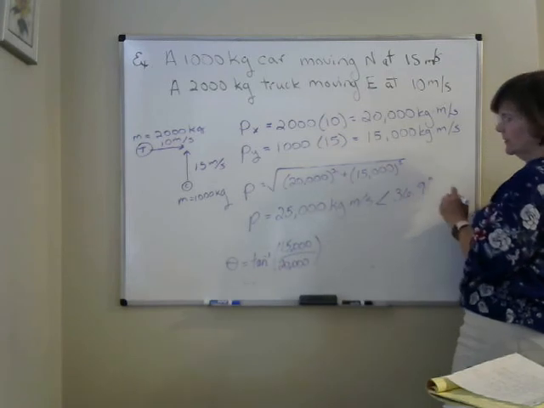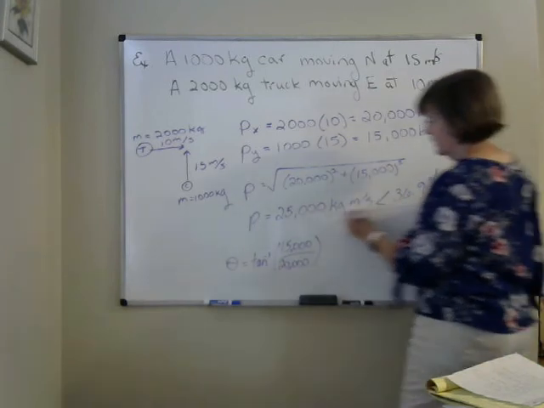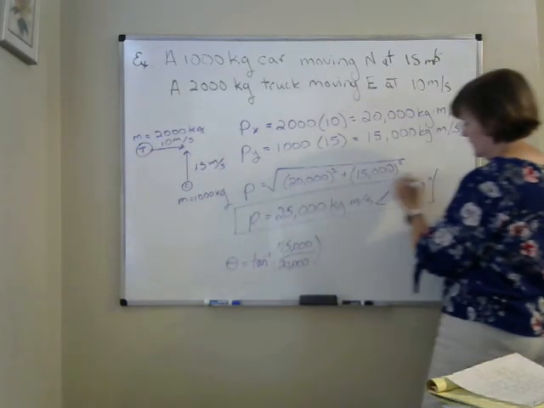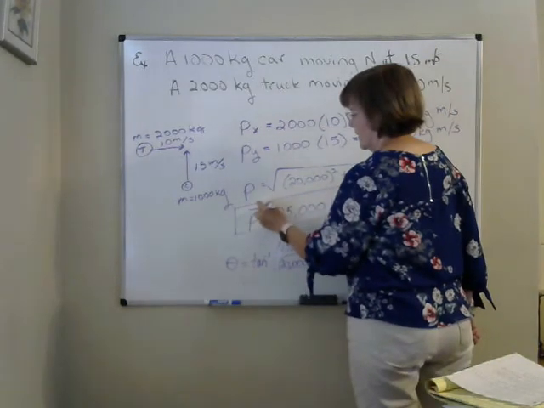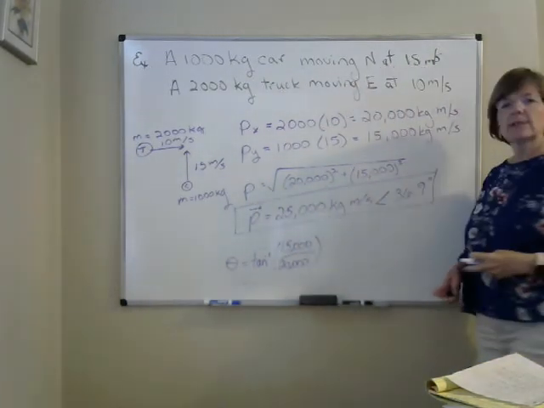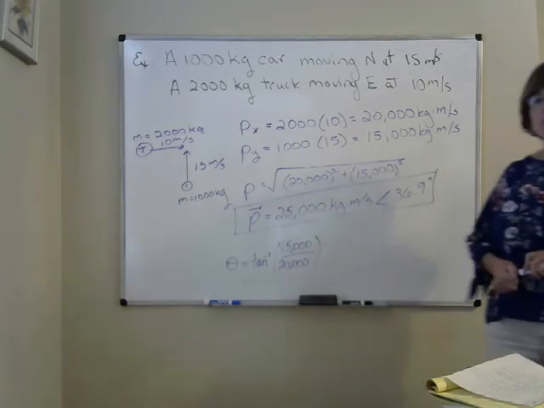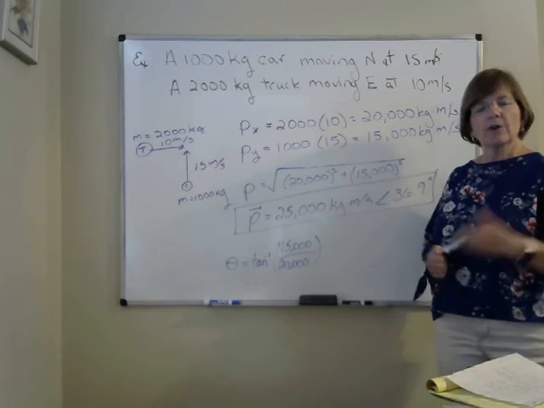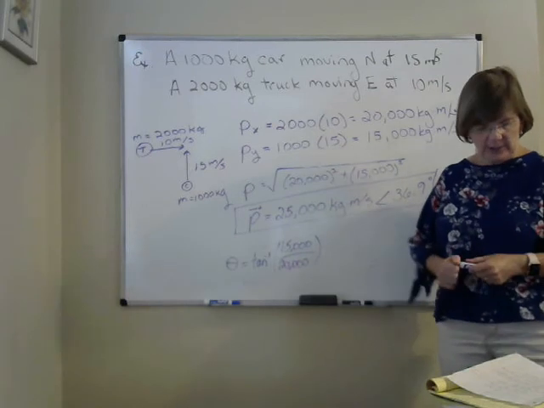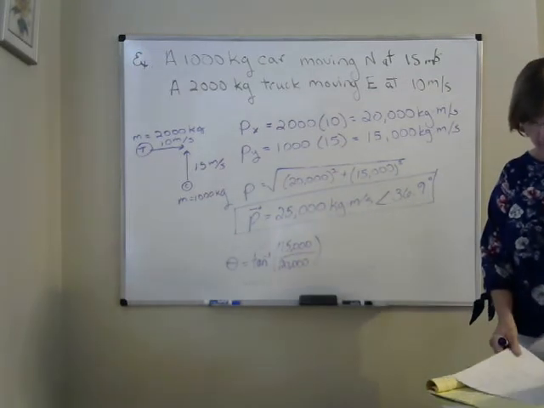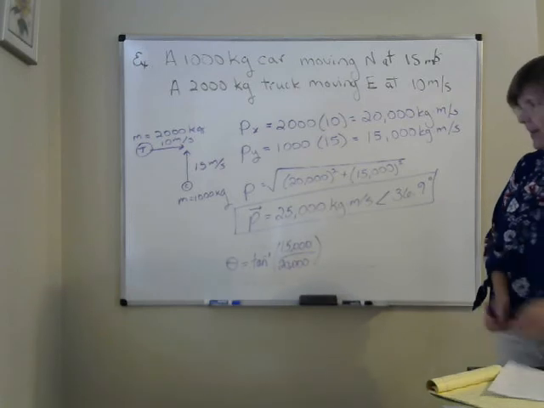We could have just written 37 if we like. So that was simply just a vector sum. It was nice because the two vectors we had to add, the car and the truck, were already perpendicular to one another. Okay, carry on.